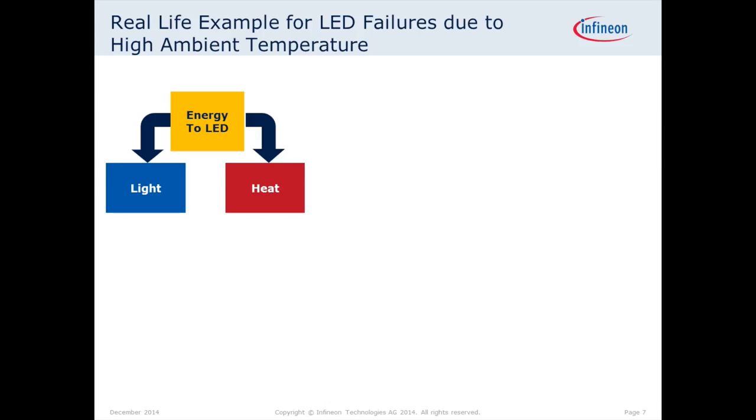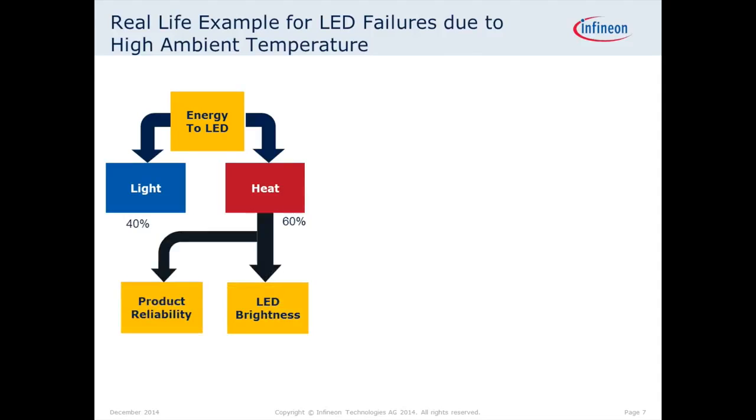LEDs are efficient, and efficient should usually mean that the power is converted mainly into light output and not into heat. But if you look at this chart, you see that despite the fact that LED efficacies have increased significantly in the last years, still a main portion is converted into heat.